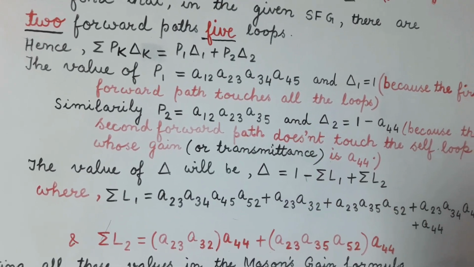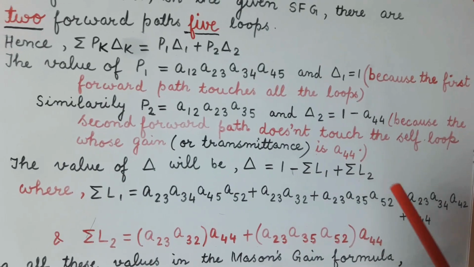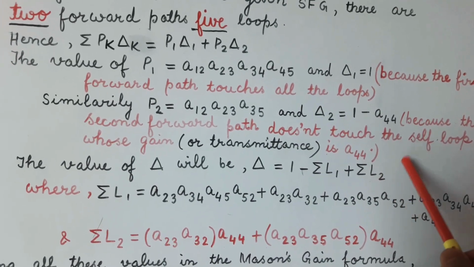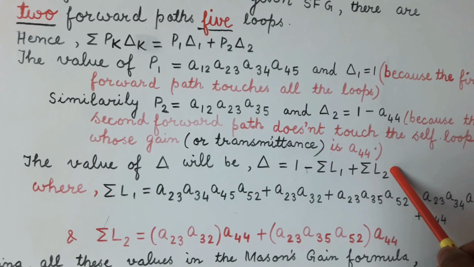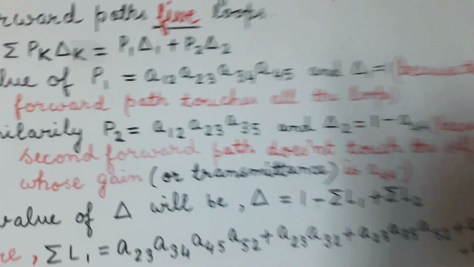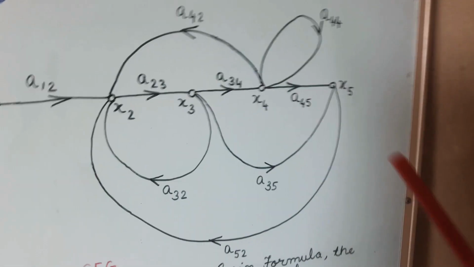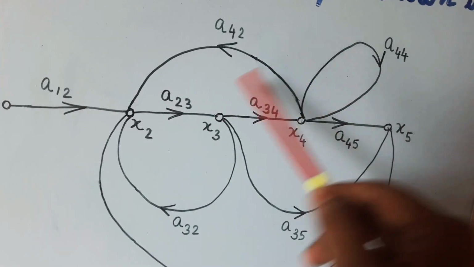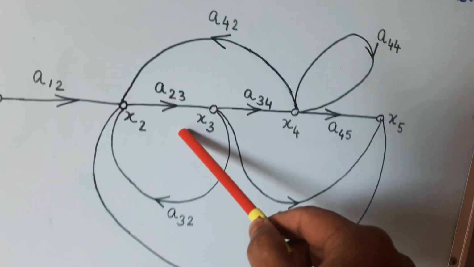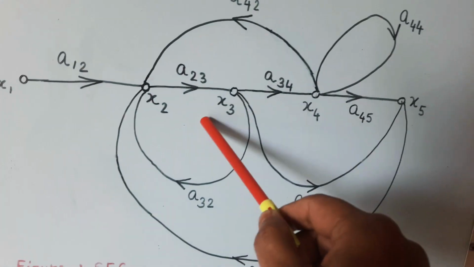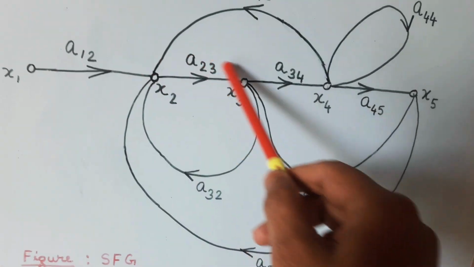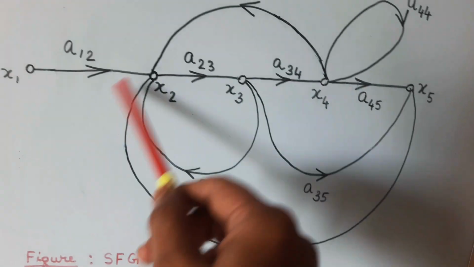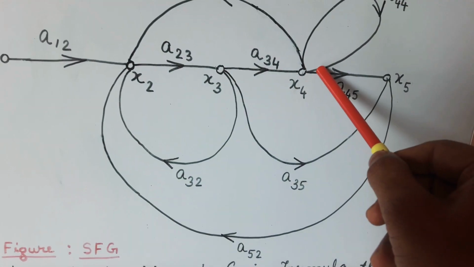There are no 3 loops which are non-touching, so we will not get a term L3 in this case. If we see in this figure, we find that this loop and this loop are non-touching loops. This loop and this loop are non-touching loops. Similarly, this loop and this loop are also non-touching loops.